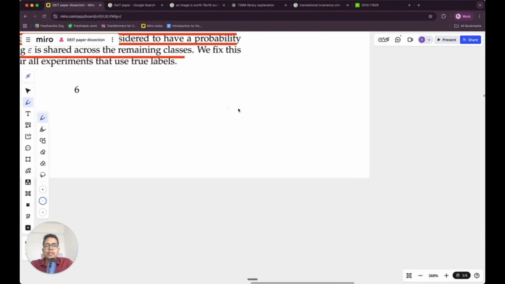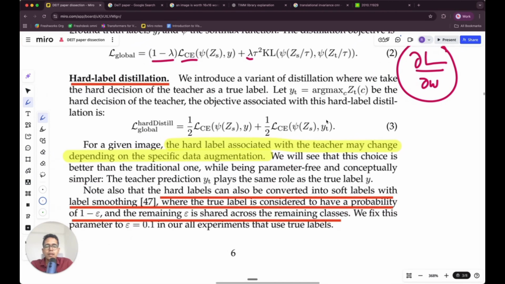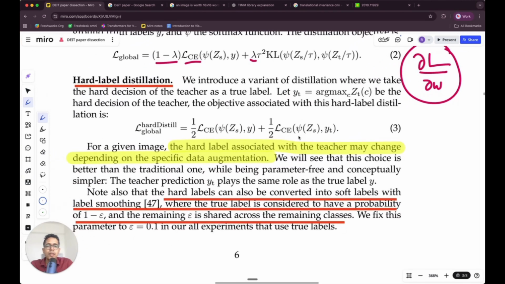So the hard label is compared against the softmax score. In one loss term due to cross entropy, you are comparing the cross entropy loss between predictions made by the student and the actual ground truth. Here you are constructing another cross entropy loss term where these are the predictions made by the student and this is not the actual ground truth.